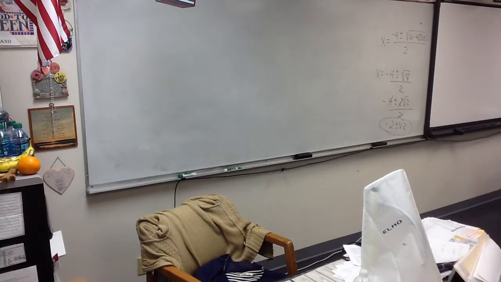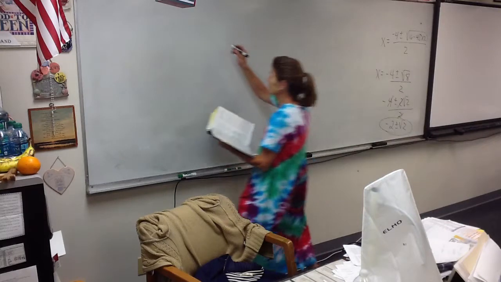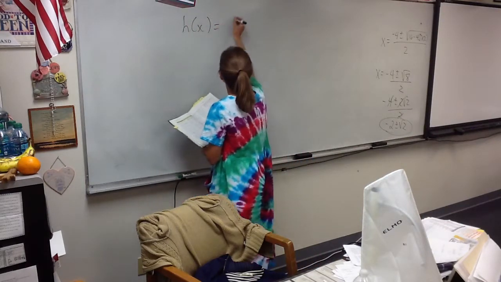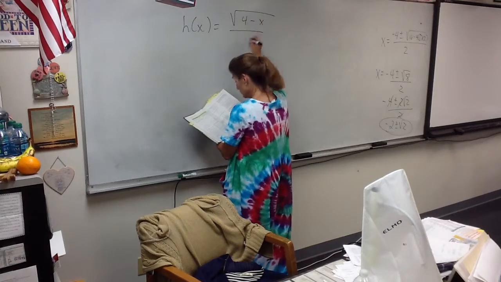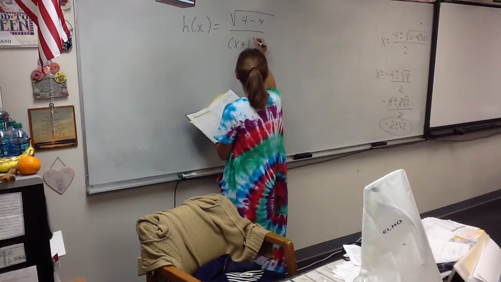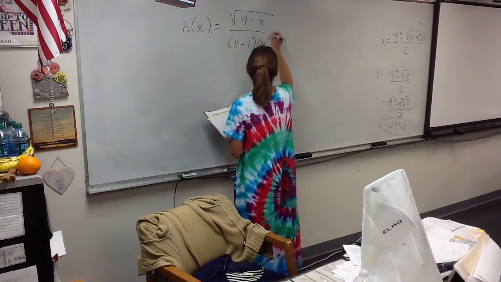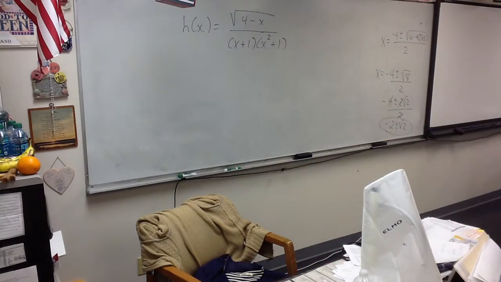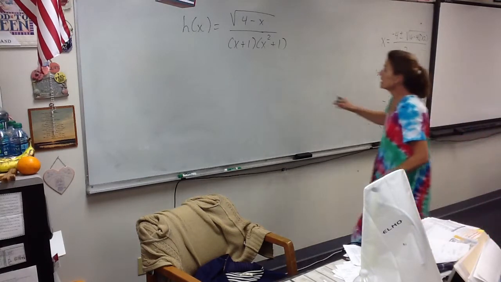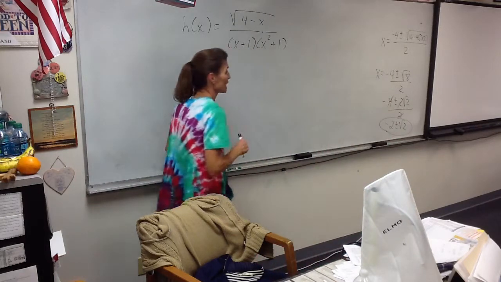All right, number 15. Here's the equation. Now, this has a tricky piece to it, Jack. I can see why you asked this question. When I do domain, I have to be worried about, as Katie told us, the radicals and the fractions.